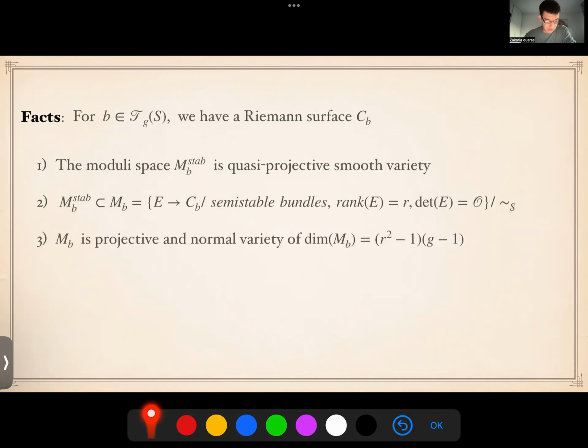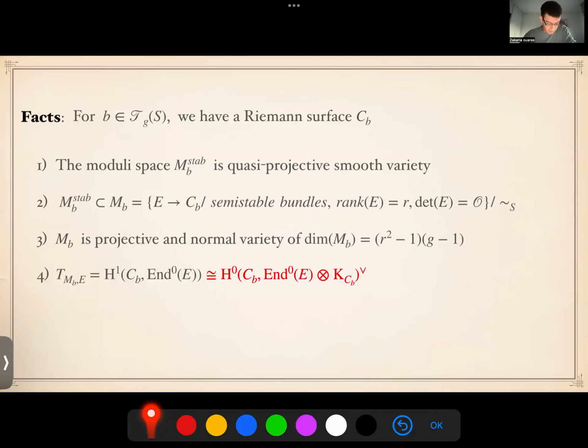By normal, I mean the complement of the stable locus is the singular locus, except in a special case when the genus is 2 and the rank is 2, where the smooth locus is the stable locus and the complement is exactly the singular locus. And normal means that this singular locus has codimension at least 2. And the dimension of this variety depends only on the rank and the genus of your curve.